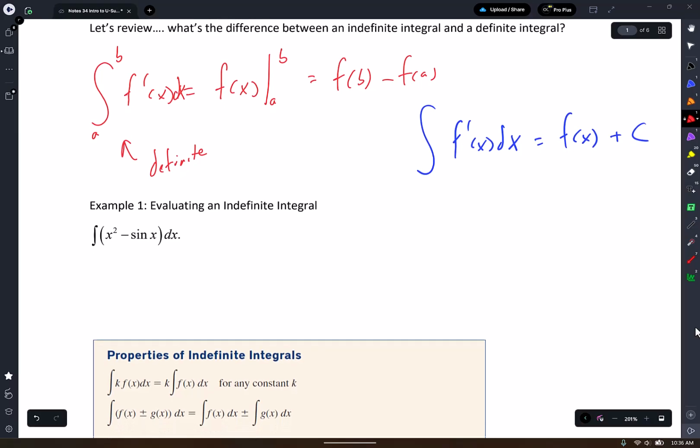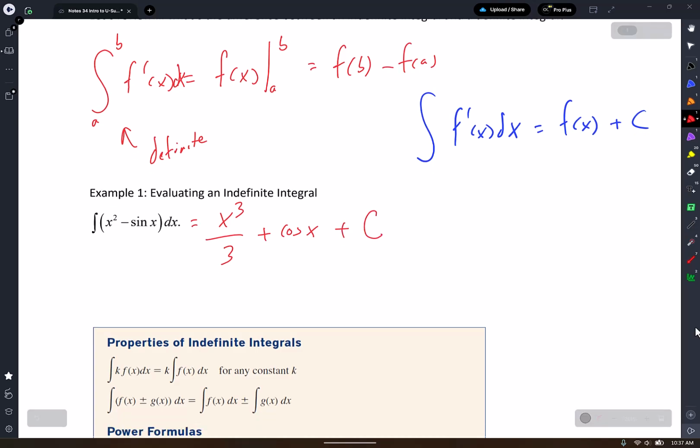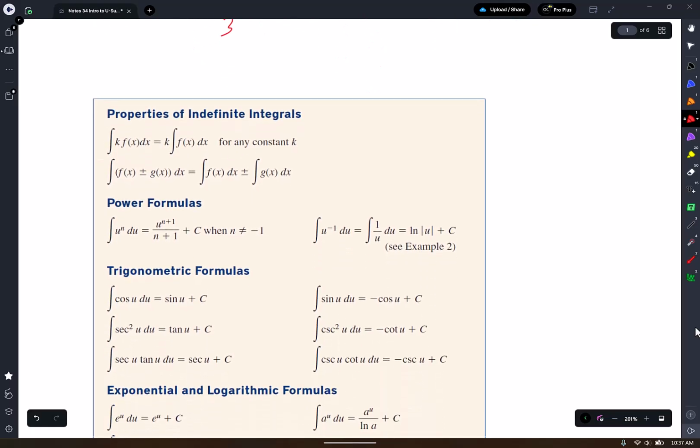What's the antiderivative of x squared? What's the antiderivative of sine x? Positive or negative? Negative cosine x, and because I don't have any limits, I put a plus c. Here are some formulas for indefinite integrals.